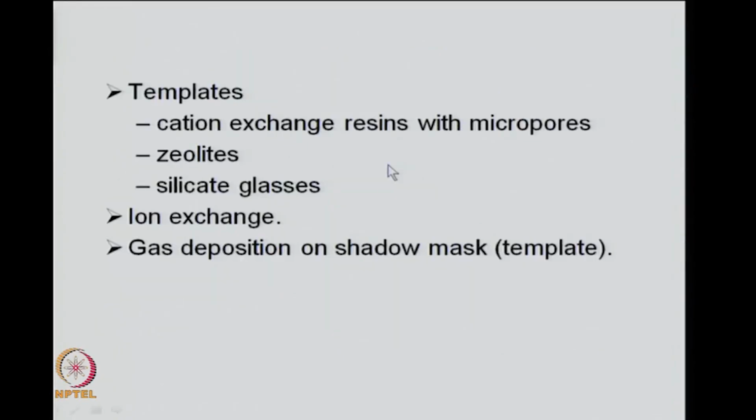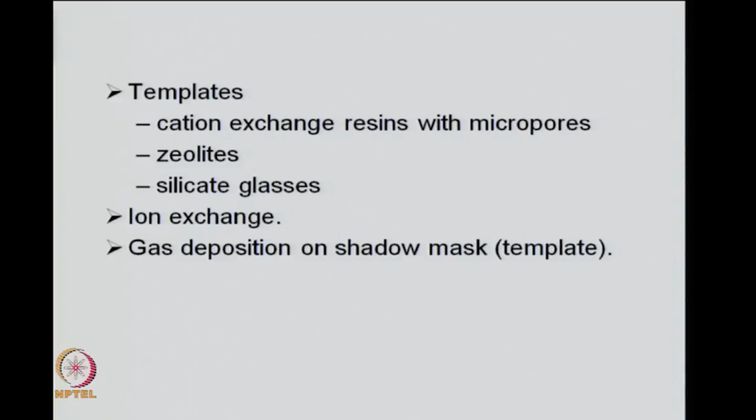So, what can be these templates in the molecular regime, in the nanostructural regime? You can use many templates. For example, you can use cation exchange resins which have micropores, that means the size of the pores are micropores. You can use zeolites. All of you know zeolites are aluminosilicates. They have 3-dimensional structures.